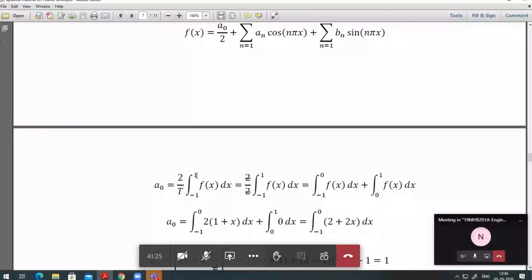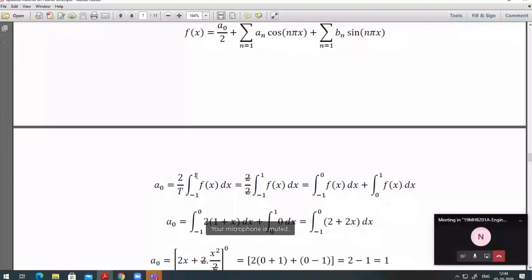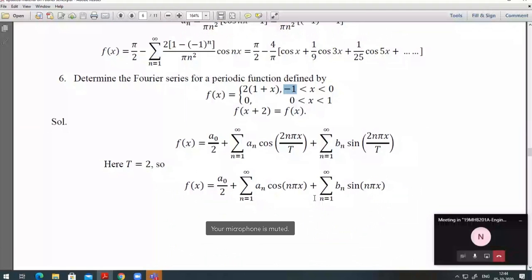We have a piecewise function. The function phi1 in the interval minus 1 to 0 is different from phi2 in the interval 0 to 1. So we need to split the interval minus 1 to 1 into minus 1 to 0 of f of x dx plus 0 to 1 of f of x dx.